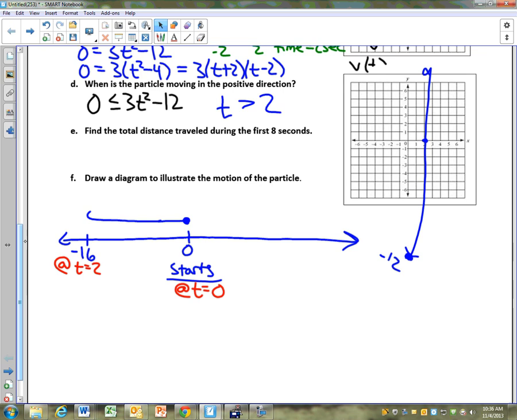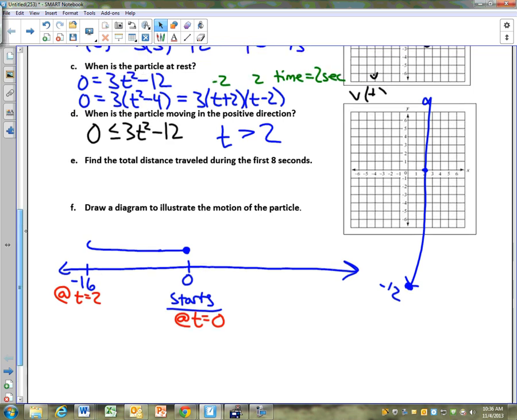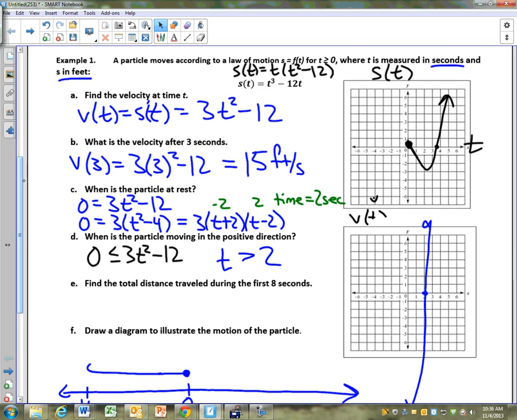Okay? Now, I'm trying to figure out the total distance traveled during the first 8 seconds. Does it change direction again after 2 seconds? No. So I want to figure out where my position is at time 8. So what would we plug it into to figure out where my position is at time 8? The position function. So let's plug it in here. What is 8 to the third? 512.